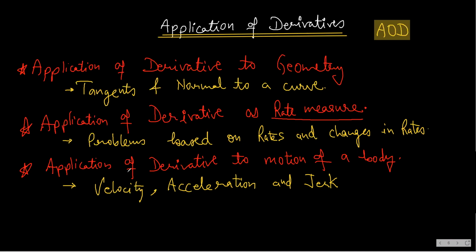Then we have application of derivative where we will calculate some quantities approximately. So we can write application of derivative for calculation, and that topic we will call approximation. What are we going to do?